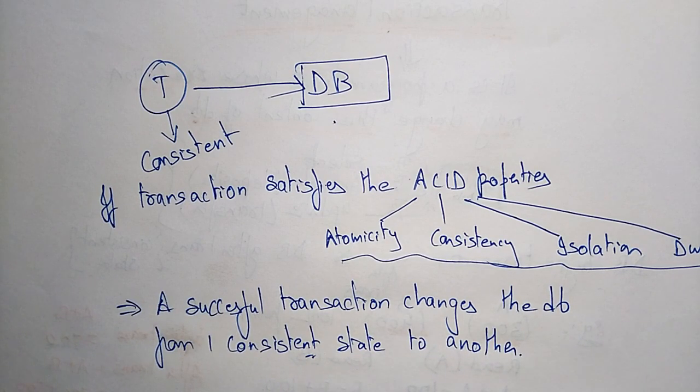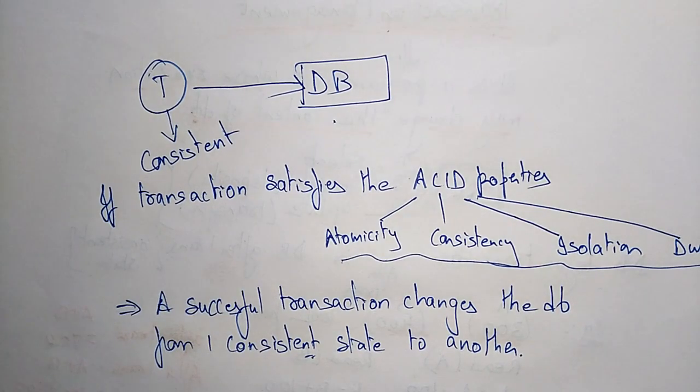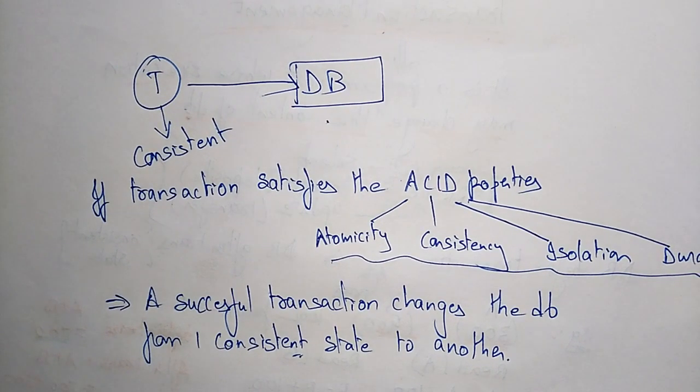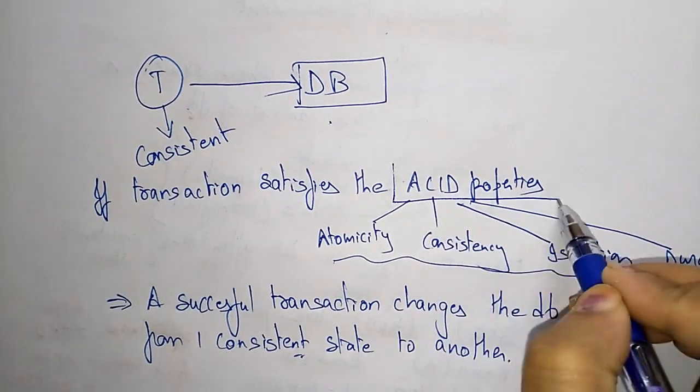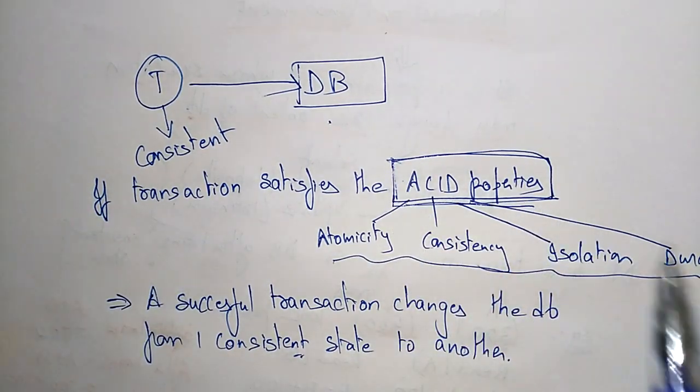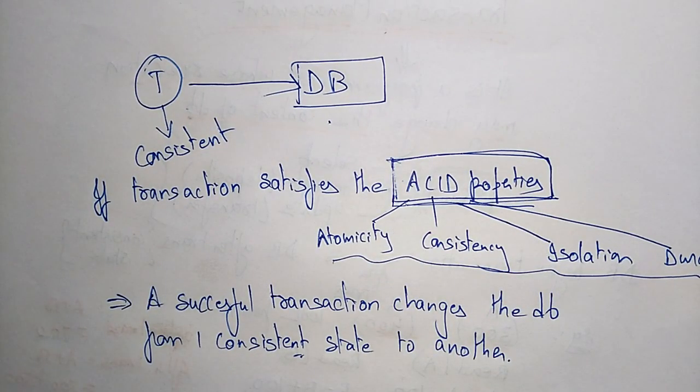So this is transaction management: to maintain the transactions we do on the database as consistent, we have to satisfy the ACID properties. With the help of the ACID properties, we can ensure that whatever requests we give to the database keep it in a consistent state. Thank you.